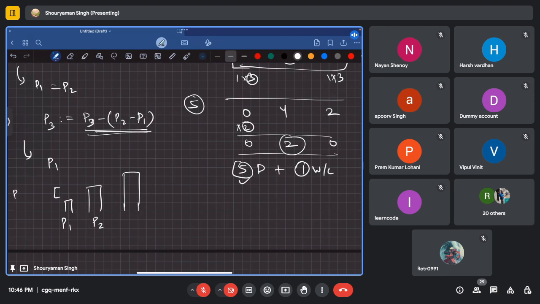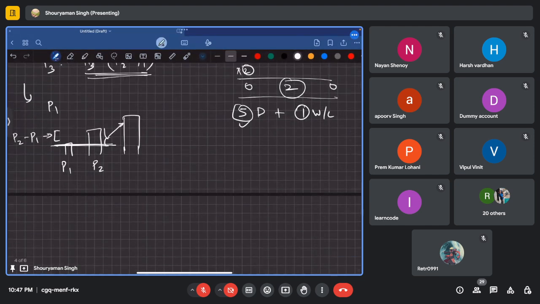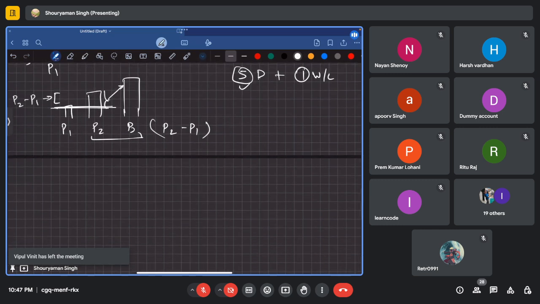So this is P2 minus P1, this much. So what I'm telling you to do is make these two equal. That is, bring these two equal here, and this part you subtract from here also. That is, you are going to play the draw games with P2 and P3 for P2 minus P1 times. So it's going to look something like this afterwards. These two are equal.